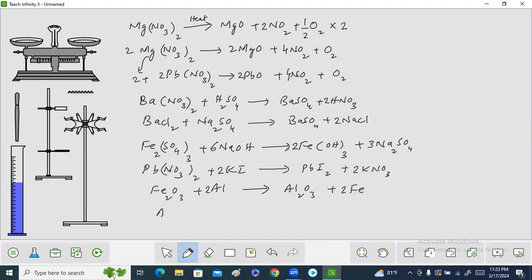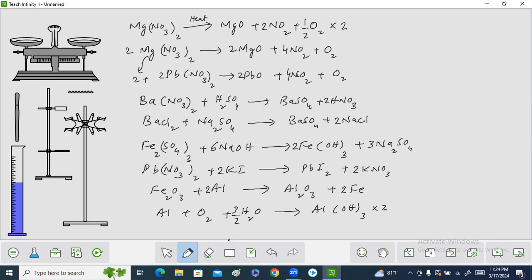Now, if we have aluminium, then oxygen, then water, and we are getting aluminium hydroxide, let's try this equation. Okay, we have three oxygen, 2 plus 1, three oxygen, but we have three hydrogen on the right-hand side. So if we put 3 by 2, this is the three hydrogen. Let's multiply with 2.